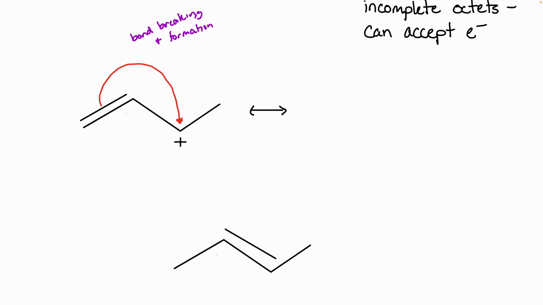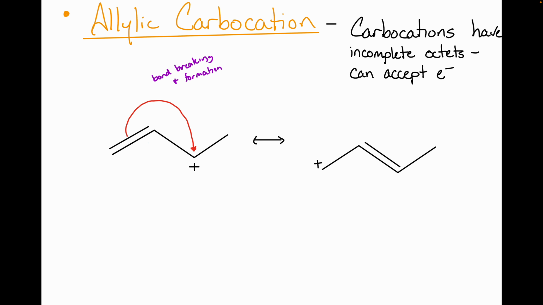So in order to keep everything charge balanced, I'm basically going to swap positions of my pi bond and that positive charge. So in my other resonance contributor, my pi bond is located over here in the middle, and that carbocation is located on the end. Maybe we can just note: our pi bond and carbocation swap.